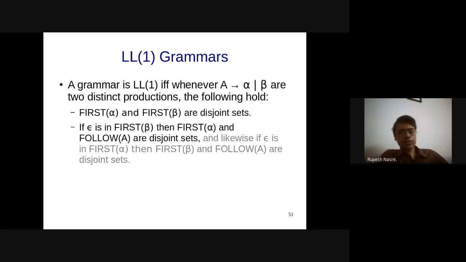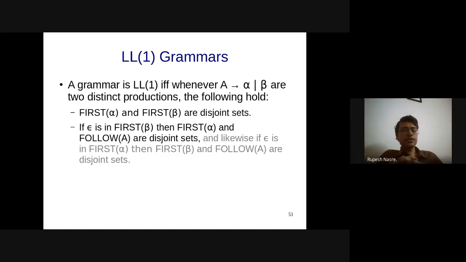Let's talk specifically about LL1 grammars. Essentially that is exactly the same as what we have seen so far, just that we have to understand it in the context of LL1. A grammar is LL1 if A deriving alpha or beta are two distinct productions, they are not the same, and whenever that happens, some conditions are satisfied.